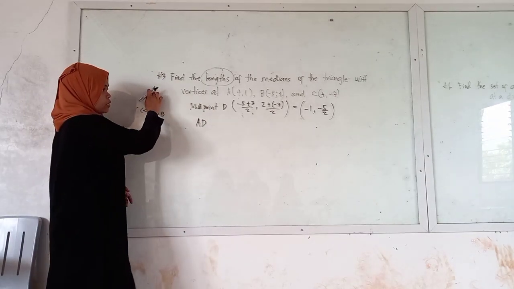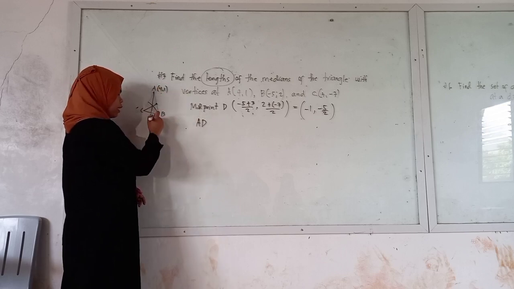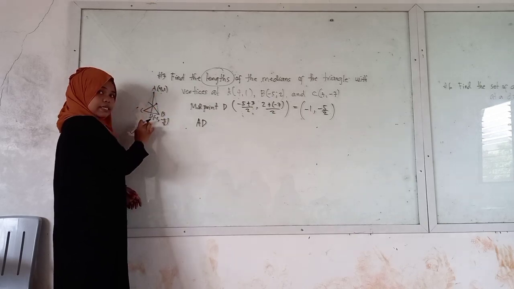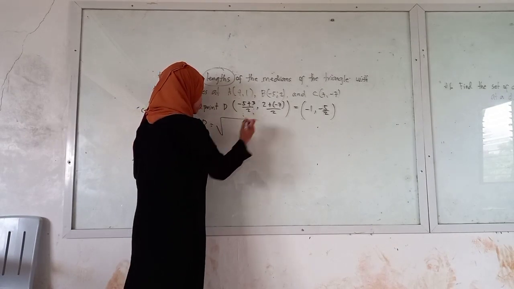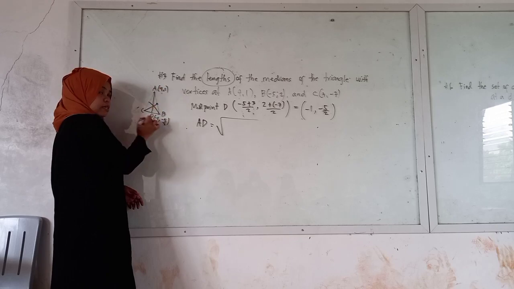Okay? So ang coordinates ko kay A, I have (4, 1). Tapos si D, I have (-1, -5/2). So dito ko gagamitin yung distance formula. So ano nga yung distance formula? We have x sub 2 minus x sub 1. So pwedeng baliktad, depende, okay lang.